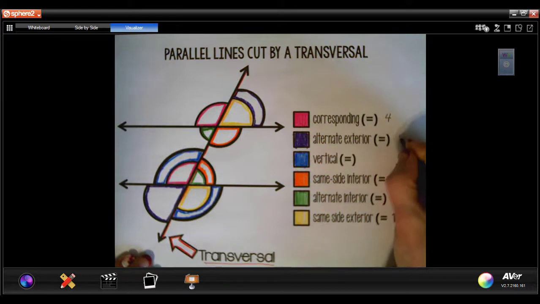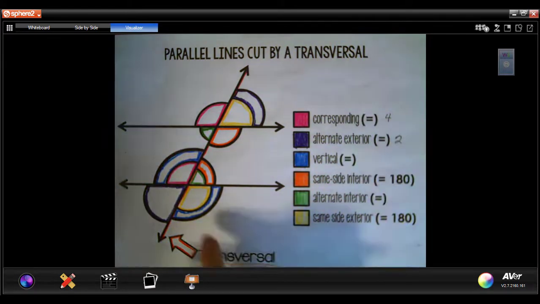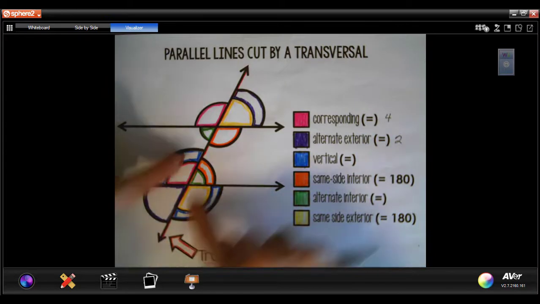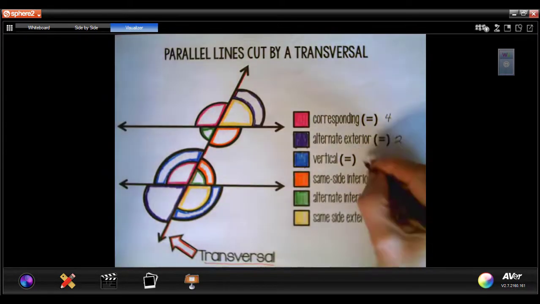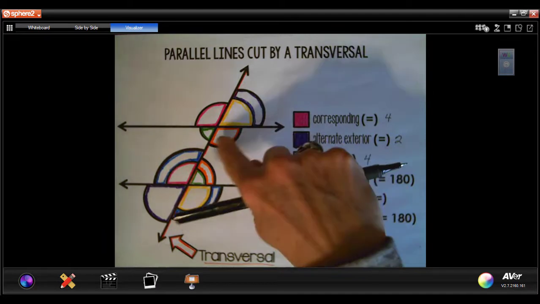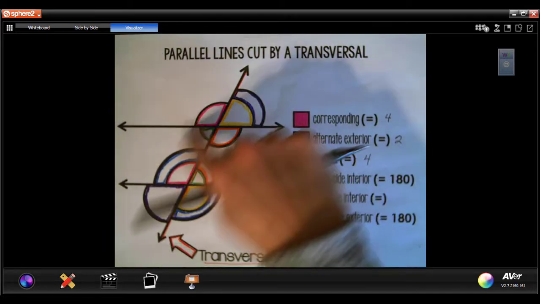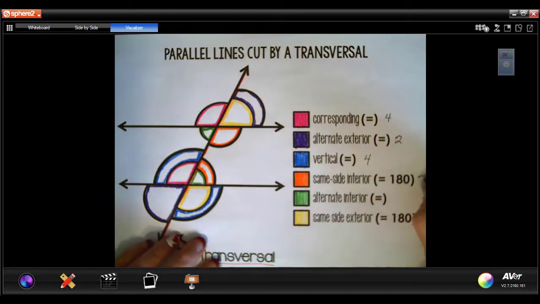So there are two sets of those. Vertical angles was blue, so we'd have a set, another set, set, and set. So there are 4 sets of vertical angles. Same side interior, that was the orange, and we'd also have a set over here, okay? So there are 2 sets of those.